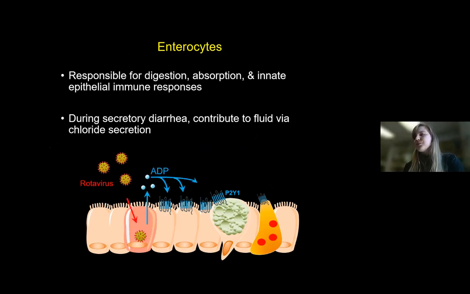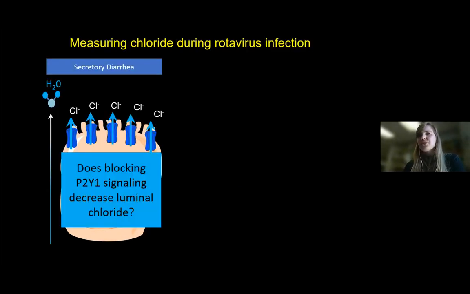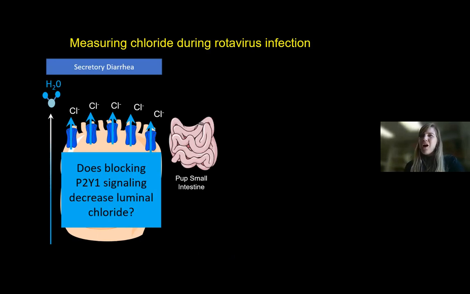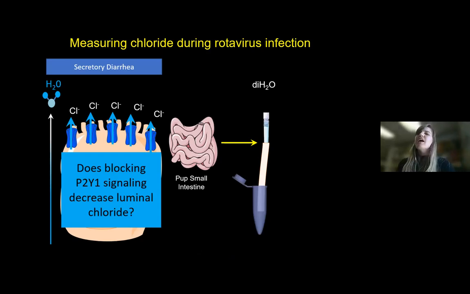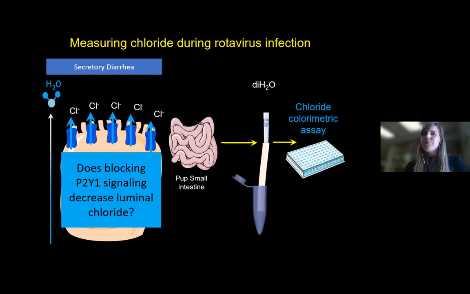And so we want to assess in vivo if, through this purinergic signaling with P2Y1, rotavirus is able to elicit increased chloride, as we've seen within our intestinal enteroids. And so in order to look into this question of whether or not blocking our P2Y1 signal could decrease luminal chloride, we take the entire small intestine and we flush it with water and collect the luminal contents. And then with those luminal contents, we perform a chloride colorimetric assay.